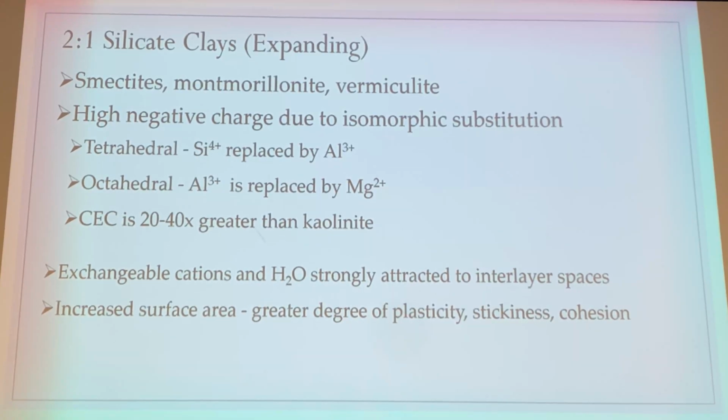Next, we have our 2-to-1 clays. And these are going to have a high negative charge. And we're going to talk about this isomorphic substitution in just a moment. But we can have this substitution for different elements inside of each one of those tetrahedral and octahedral structures. Now, we don't go out there and apply more aluminum to a soil and this changes.